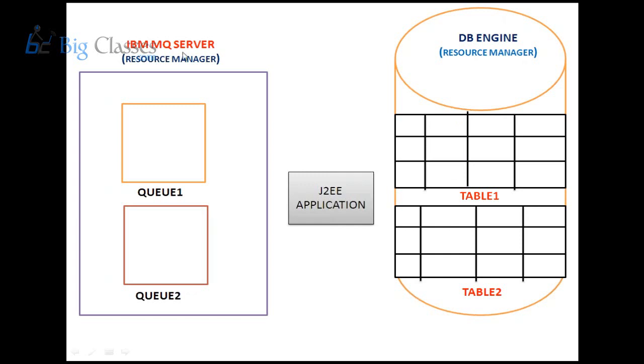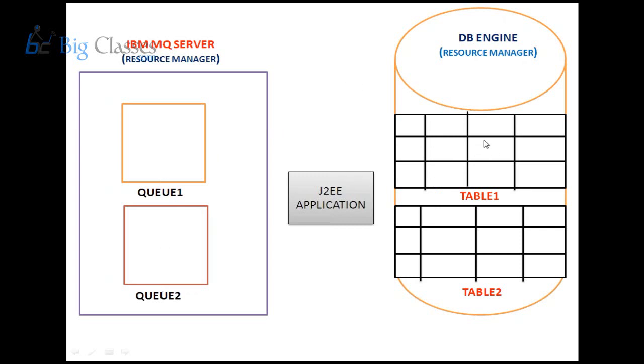Similarly, the IBM MQ server is a resource manager. It manages resources, which are queues. Queues are going to hold data in the MQ server as messages. Here it is temporary storage. In a database you create tables; in your MQ server you create queues to hold the data.